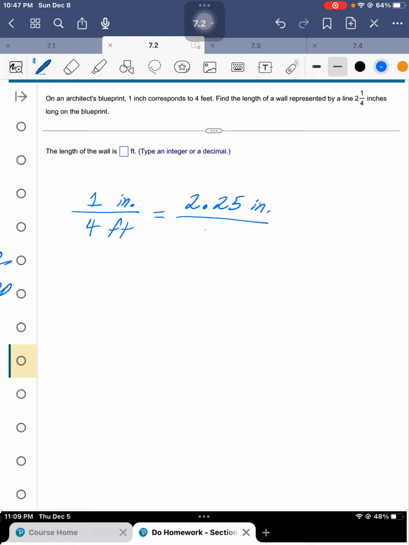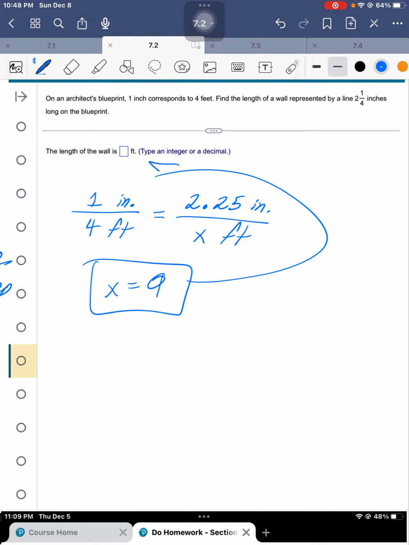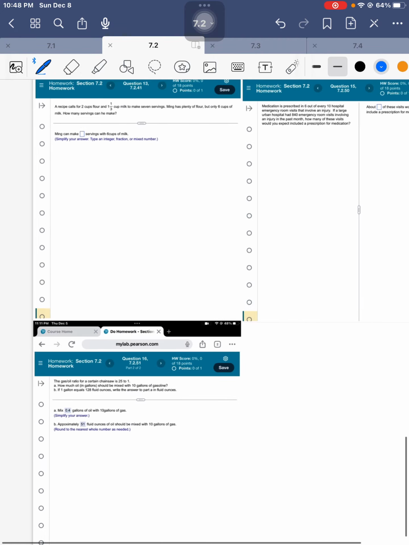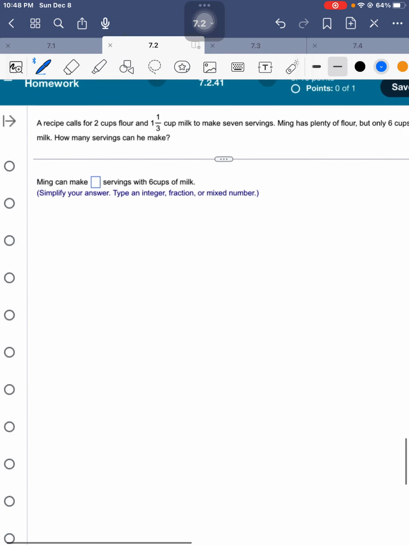I'm going to put 2.25 inches to how many feet? Well, 1 times x is just x, and 4 times 2.25 is equal to 9. So that's it. That's your answer.